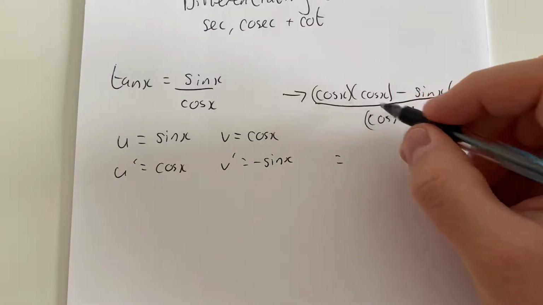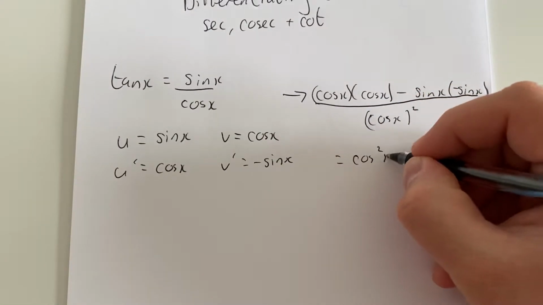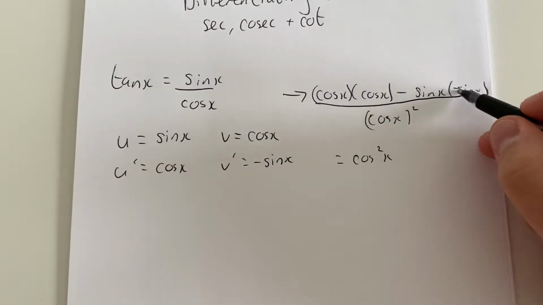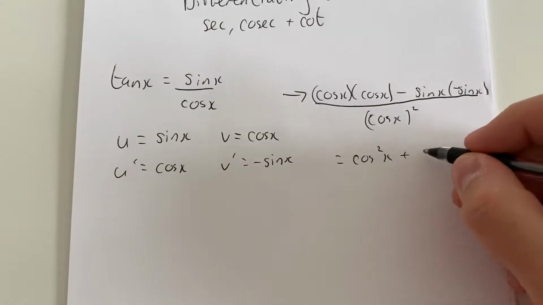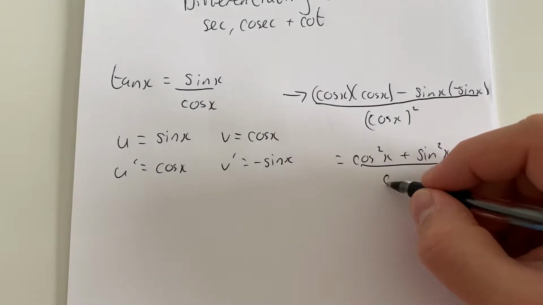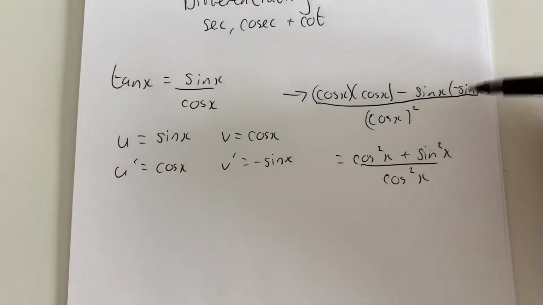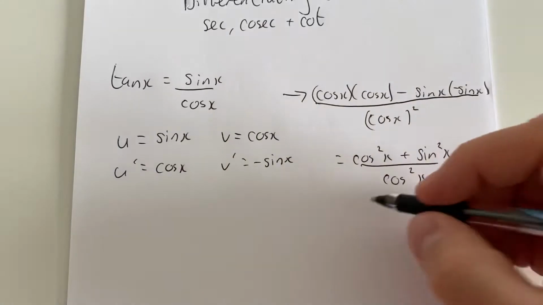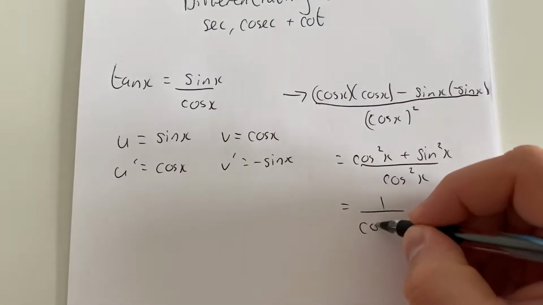That is equal to cos squared x, minus minus is a plus, so plus sine squared x over cos squared x. And cos squared plus sine squared, as you know, is 1, so it's 1 over cos squared.